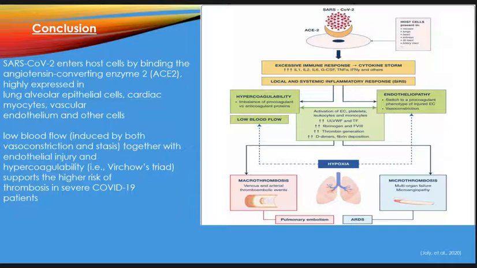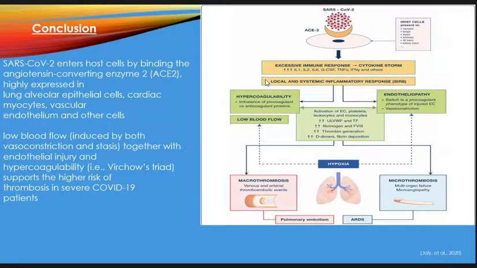It's induced by vasoconstriction and stasis, together with endothelial injury affecting the oncotic pressure inside the cells. Hypercoagulability that causes this clotting cascade, thrombosis, is severe in these patients. As you can see on this photo that's depicted, this excessive immune response, the cytokine storm, just comes on very strong.